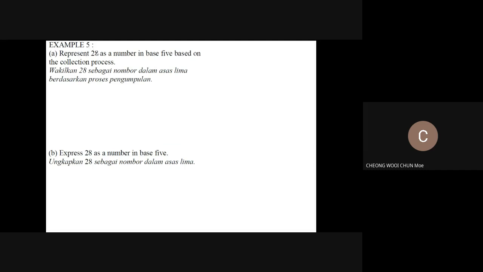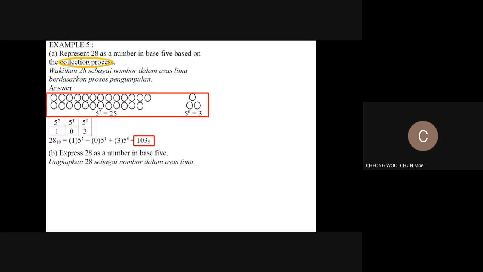So just now base 10 to base 5, also you divide by base 5. Okay, so if you want the correction process, this is the method for the correction process. This one is the normal method. Okay, so how to use the correction process?